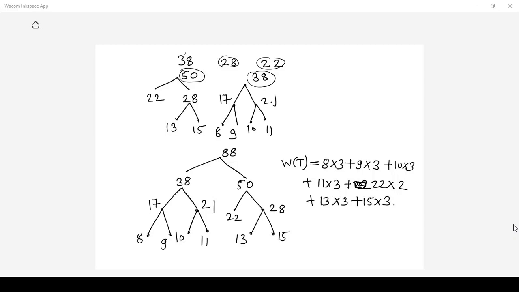So to find out the weight, we use the given leaf node weights into the path lengths. And the weight of this tree becomes 242. So this is how you can get an optimal tree using the Huffman algorithm, and also you can find out the weight of an optimal tree.